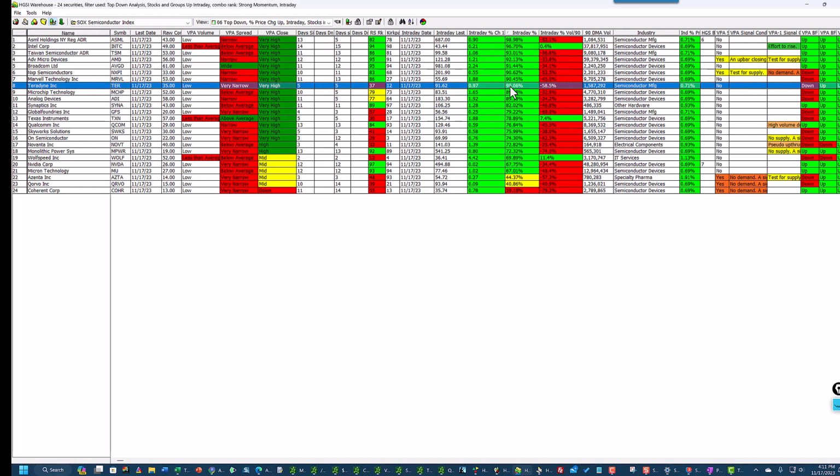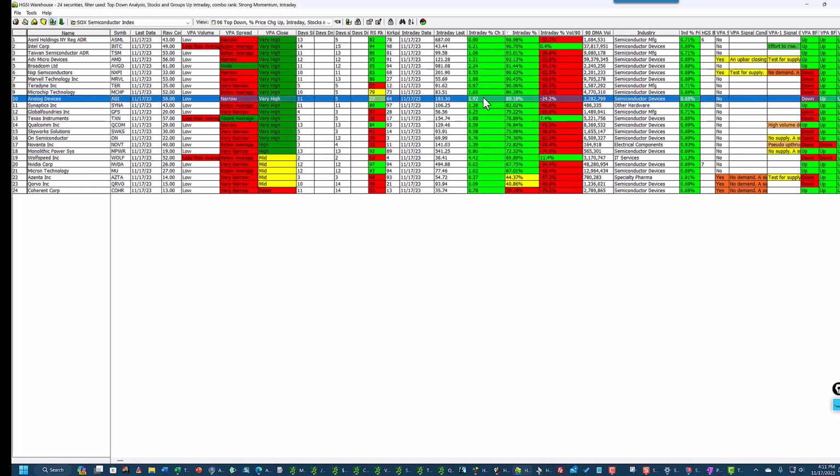Seven of them did, 8 of them did, were 90% of their daily range, and these two are 89%. So 10 stocks were in that range for the day.